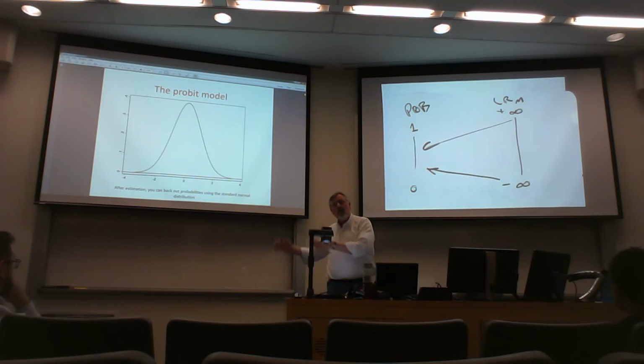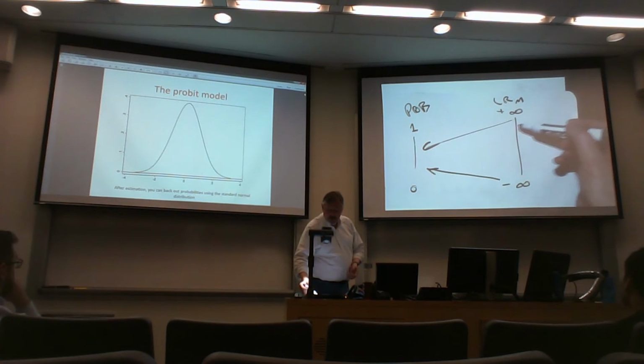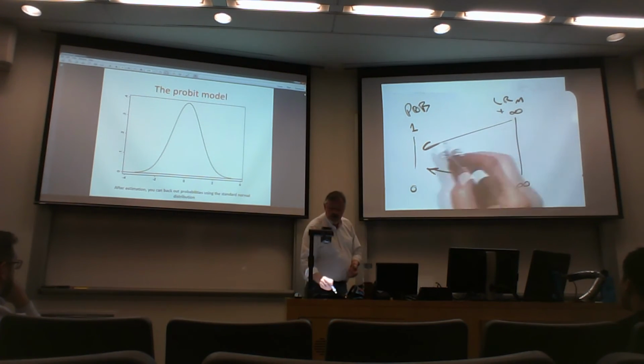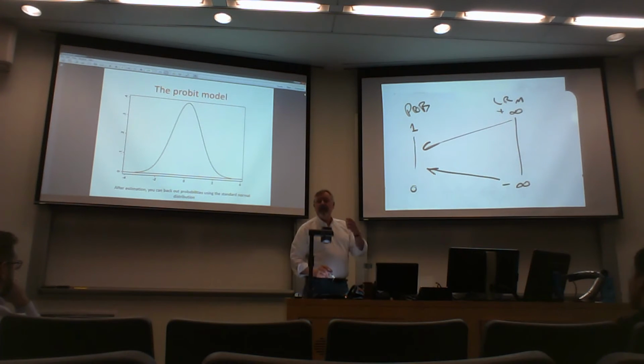That way, when you run the regression and it gives you a prediction of 115, it's not a garbage result. It's a number that can be, running through the function the other way, translated into a probability that is between 0 and 1.